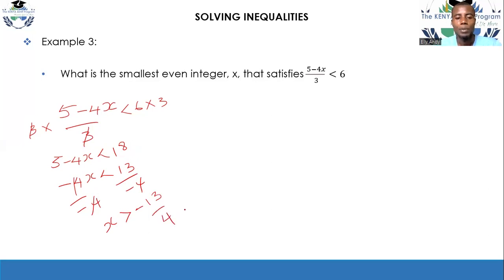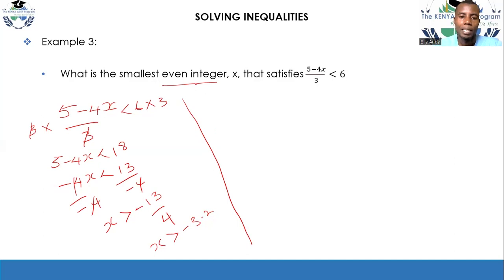Now that is as far as we can simplify this inequality, but we are not yet done with the question because it asks for the smallest even integer that will satisfy this. Now, you don't have to work this out to its last bit, but you can just tell from this that x should be greater than negative 13 divided by 4. That will give you 3.2 something.